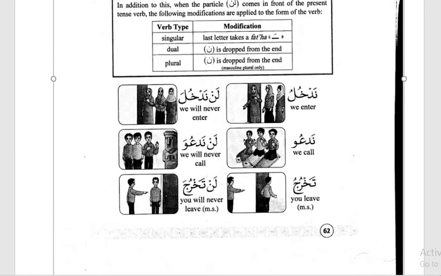One more rule, which is in the plural. We talked about the rule in the singular and in the dual. In the plural, also the noon is dropped from the end, but only in plural masculine. Only when we see a verb in plural masculine form.